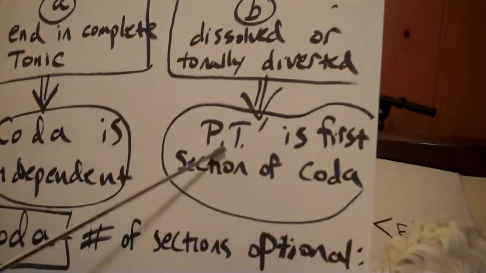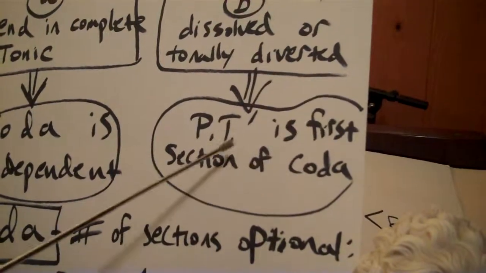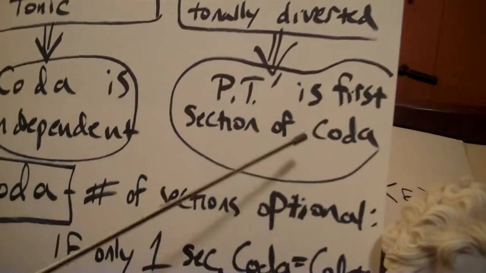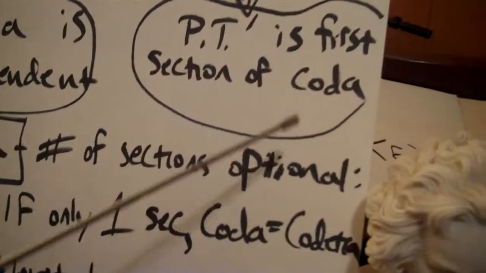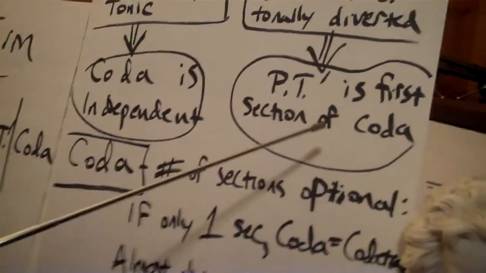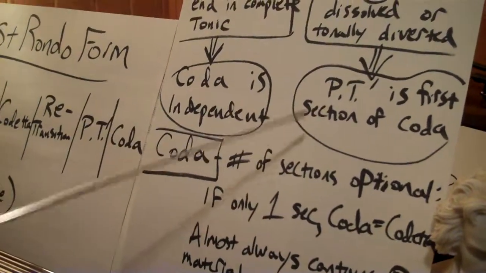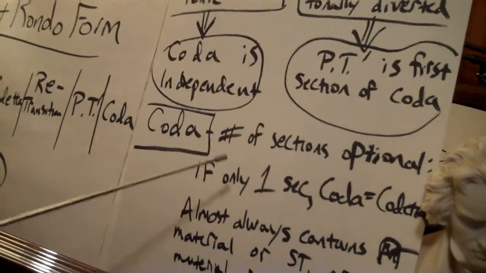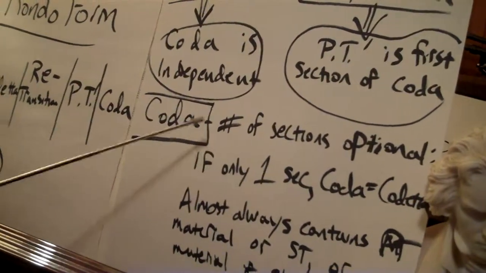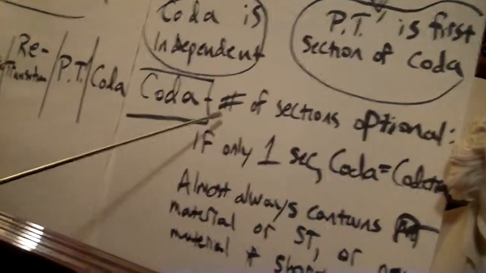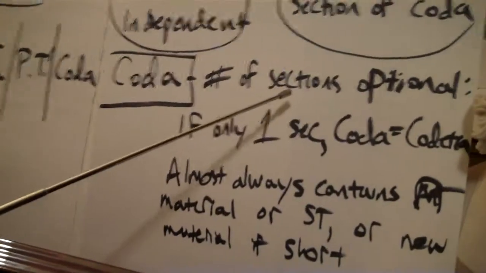In that case, the principal theme prime is going to be the first section of the coda. So once again we see more smooth transitioning if there's no repeat and more obscure key changes.